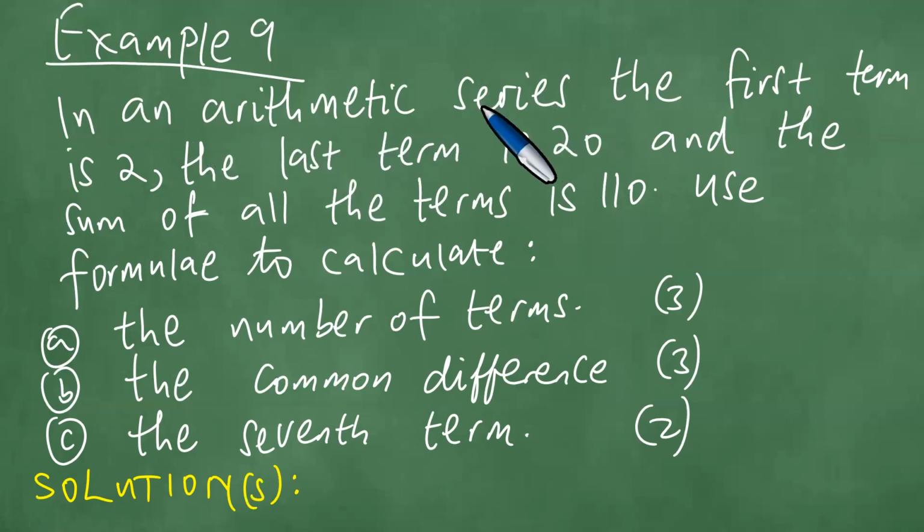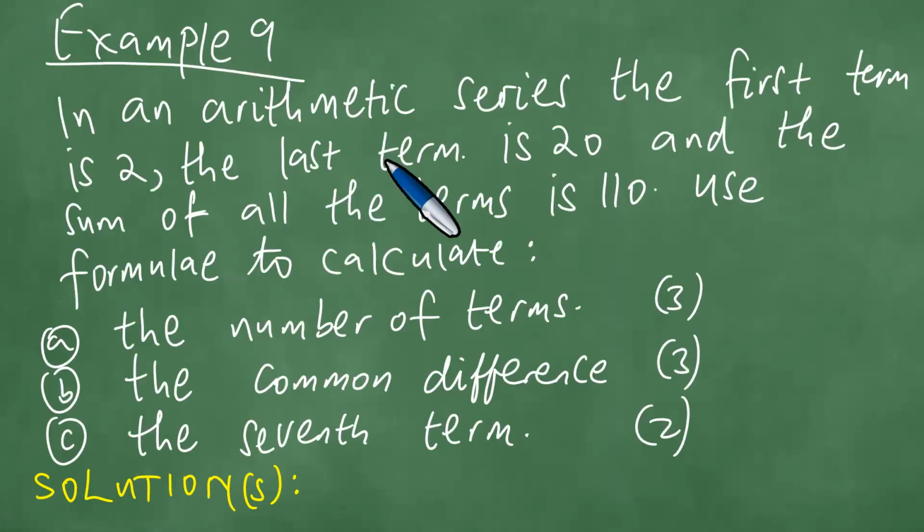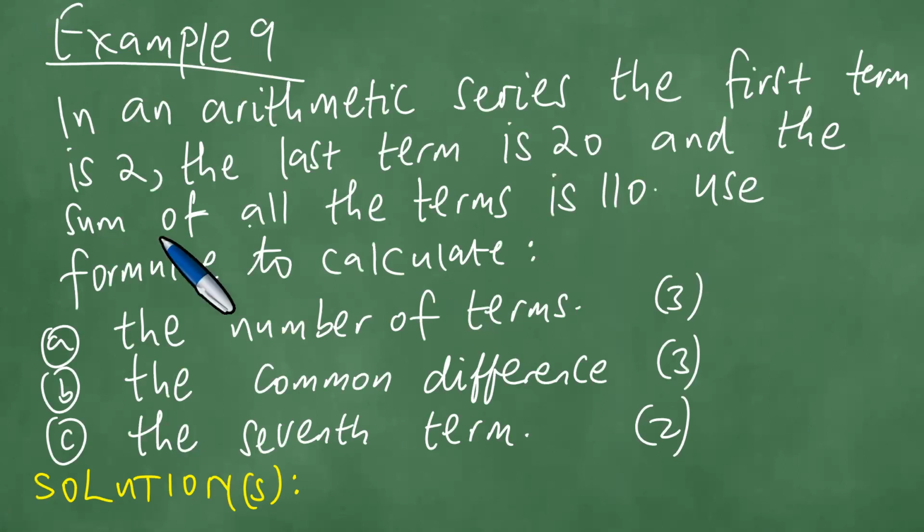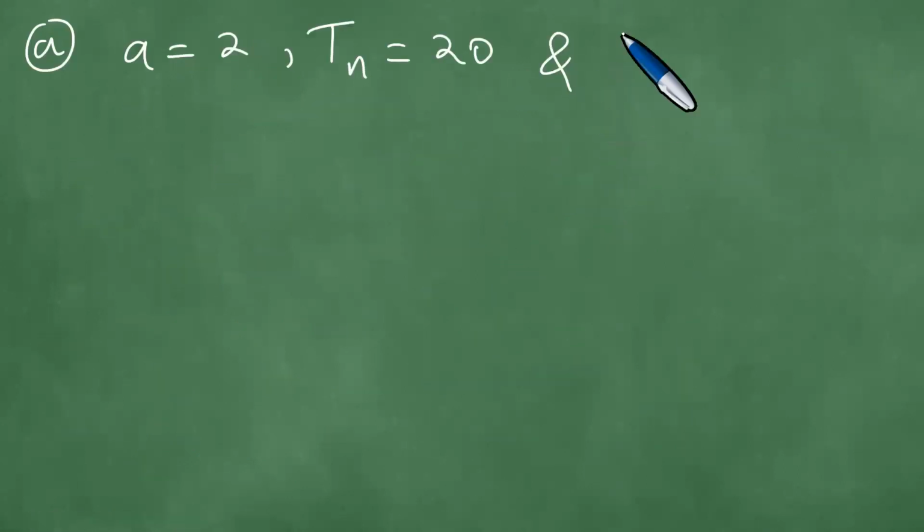So when you're adding things up, what you have in mathematics is called a series, to mean a sum. They're saying the first term is 2. So let's just write here: the first term is 2. The last term is 20, and we write it like this: Tn is 20. That is the last term. And the sum of all the terms is 110. Now if we add all the terms, we get 110.